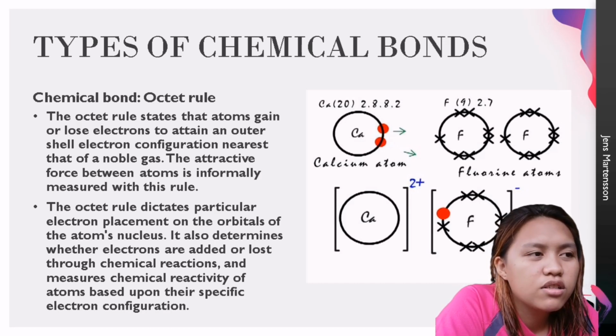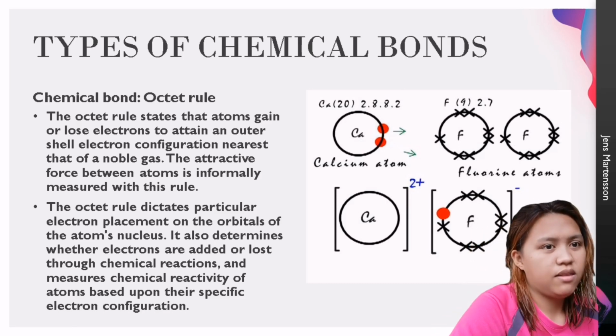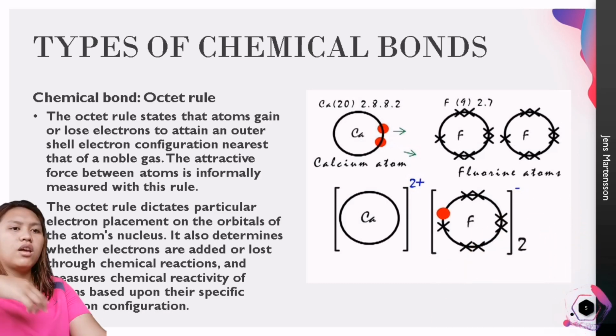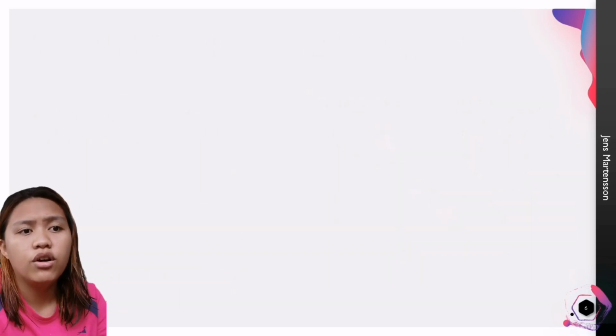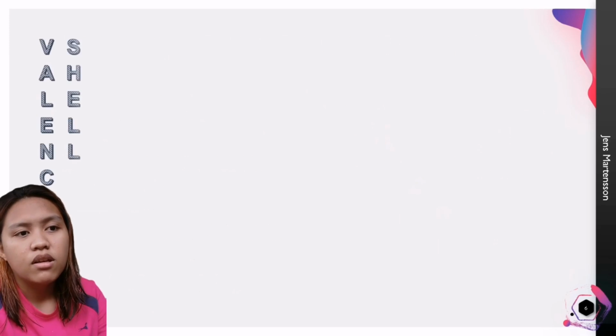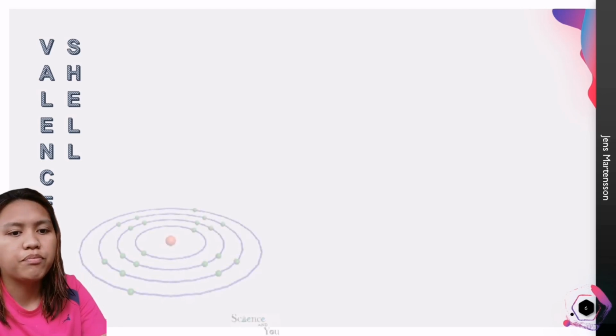Let's also discuss what a valence shell is. The electrons that surround the core of every atom are organized into complex concentric regions called shells.